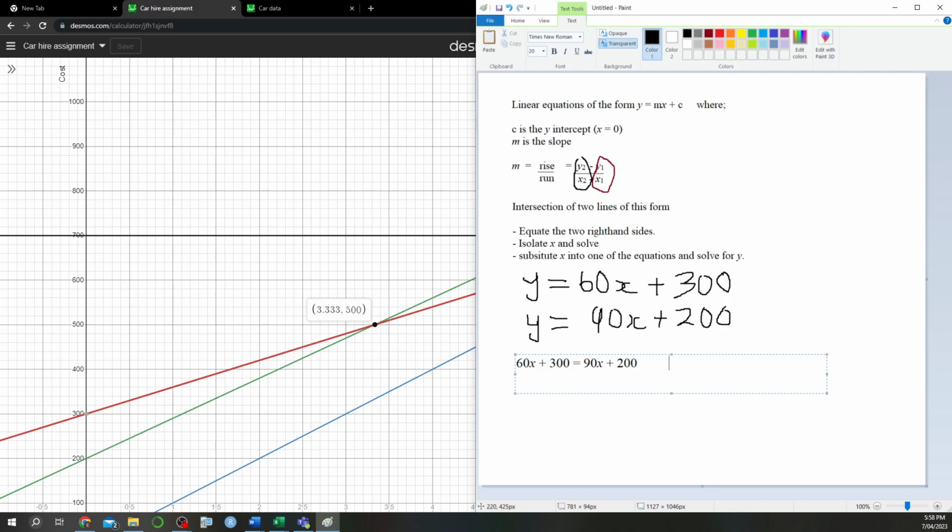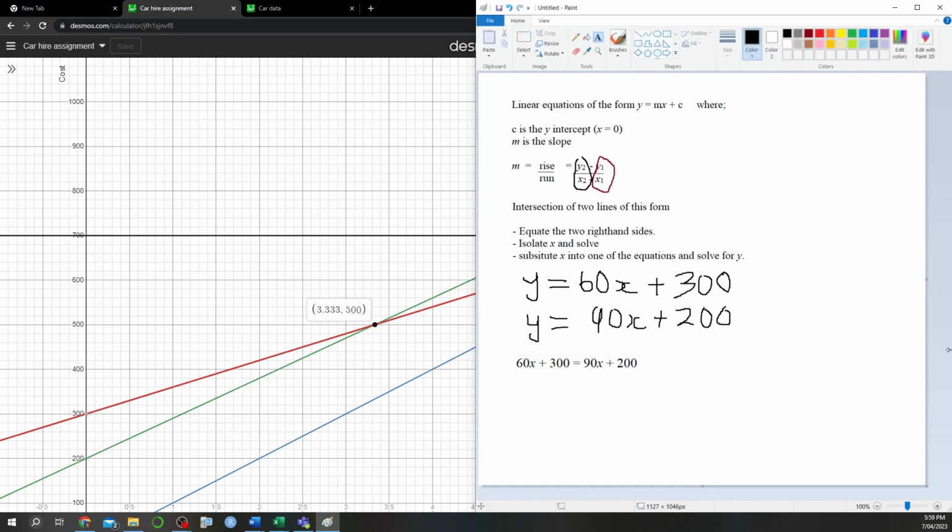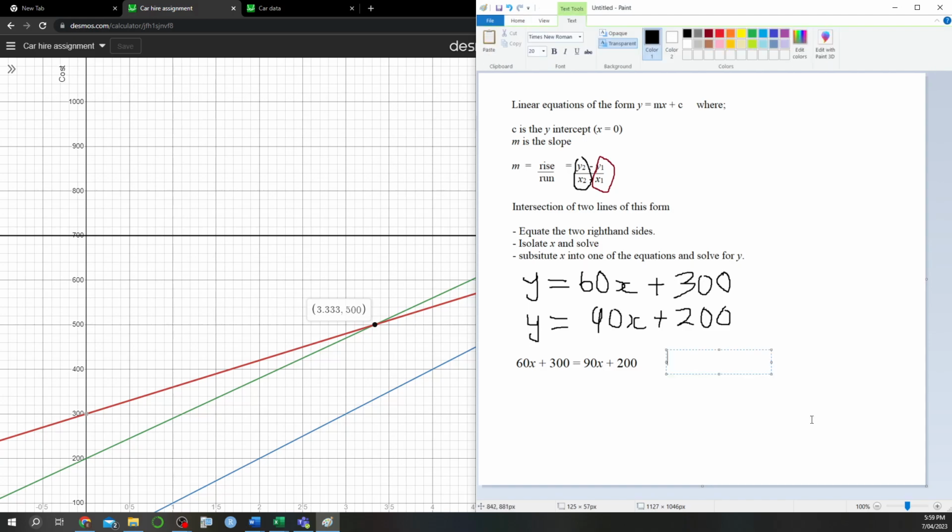The trick I'm going to do is I'm going to minus 90x from both sides. No, I'm going to do 60x.